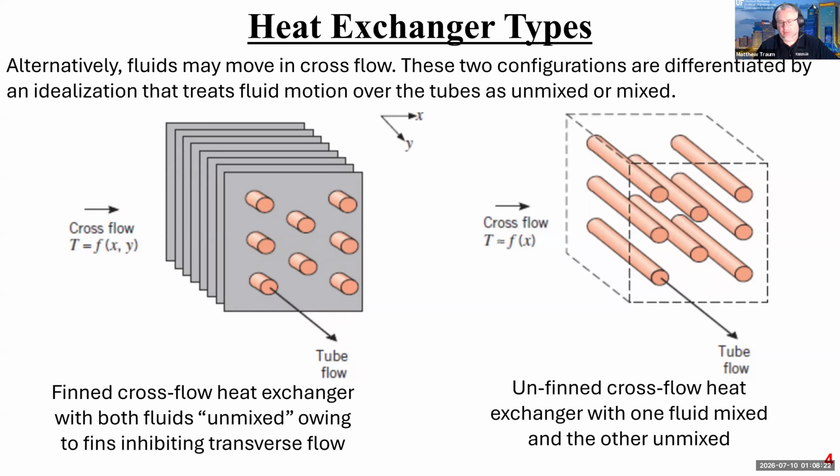There's no way for fluid in two of these different tubes to commingle with itself. But the fins that we had in this configuration are gone in this configuration. And so the fluid can actually move into or out of the page if it so chooses, and it can mix. And so that's called one fluid mixed, right? So that's where that comes from.